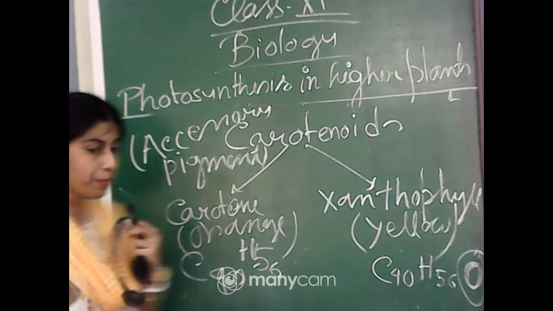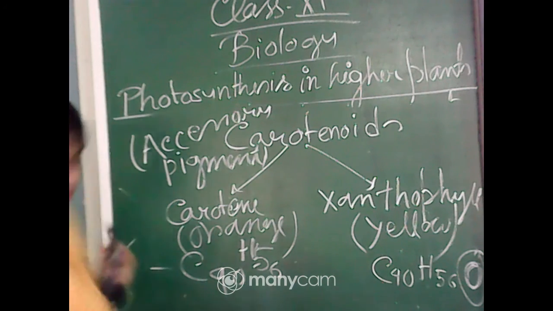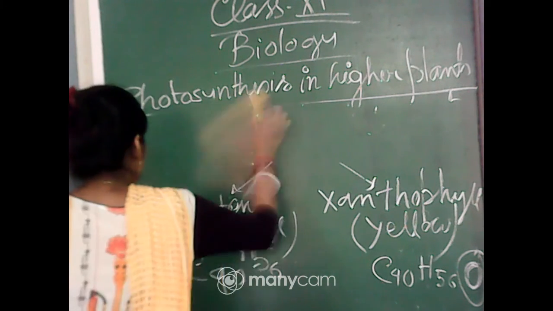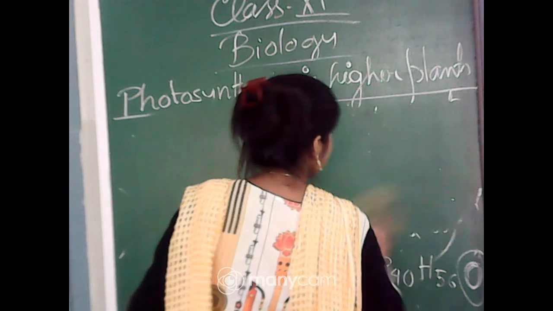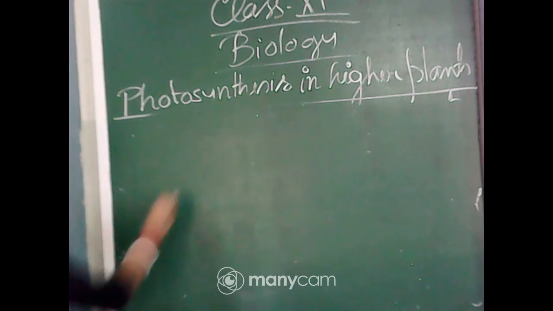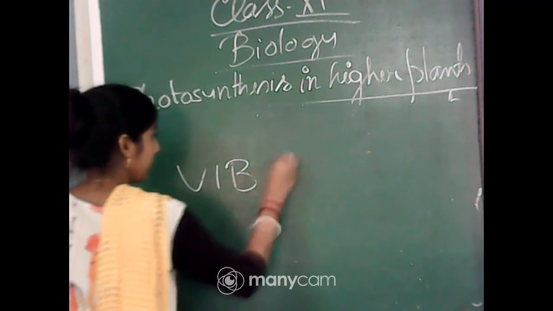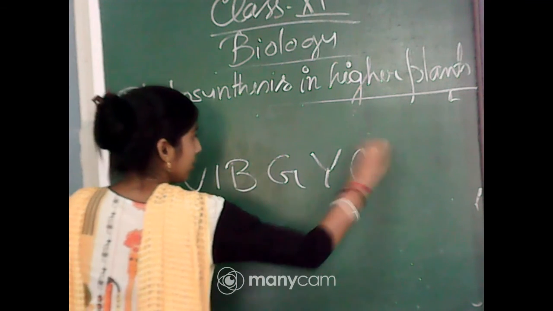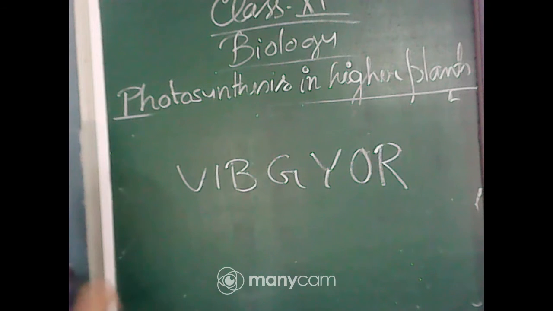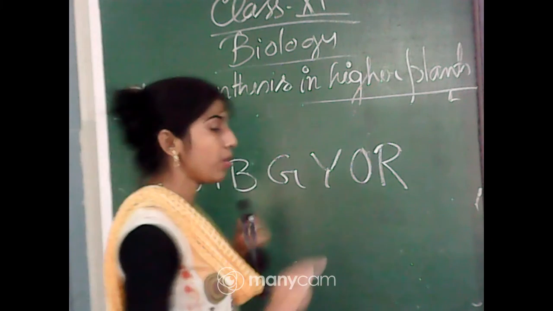Okay, so now we come to another term, the visible light spectrum, that is VIBGYOR. You know the full form of VIBGYOR. So what is the main function of these pigments?